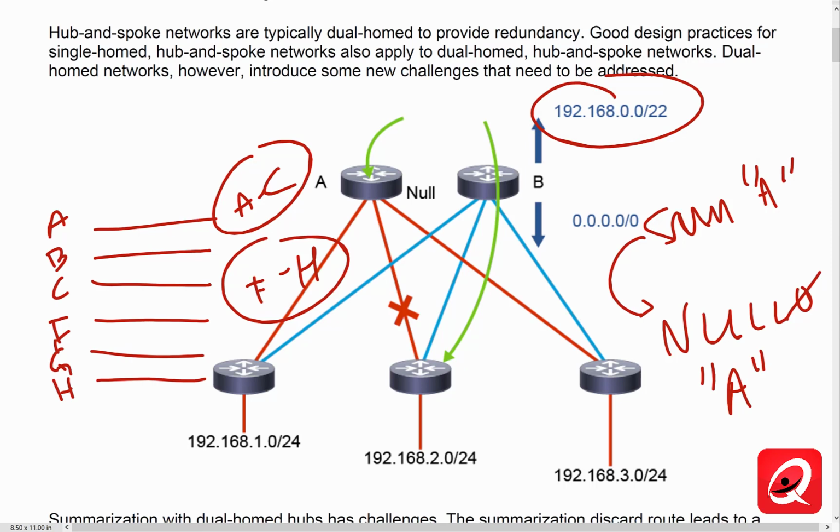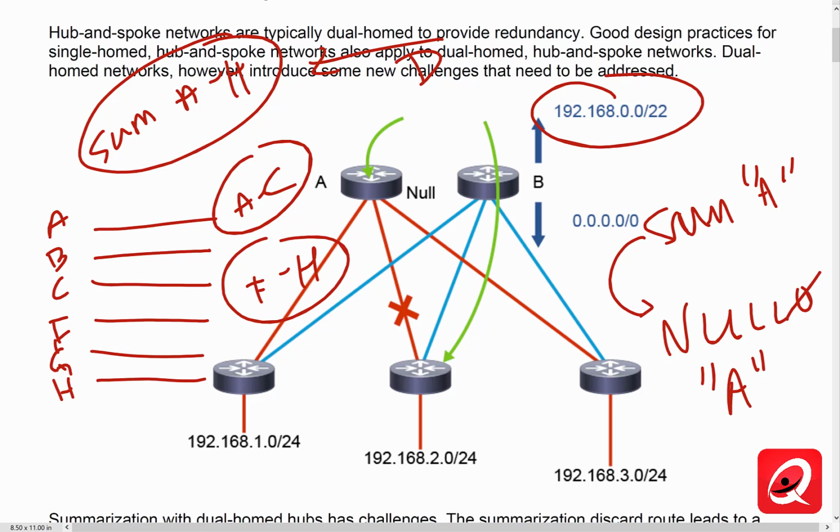But because we're advertising that summary, other routers might think that they can get to network D and they can get to network E. No problem. Well, if I'm advertising a summary of A through H, and people are routing to me for network D, for example, but D doesn't exist on that router, it might decide to use its default route to route the packets to D, even though D didn't really exist in the first place.